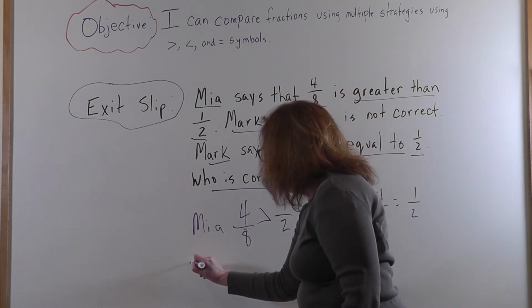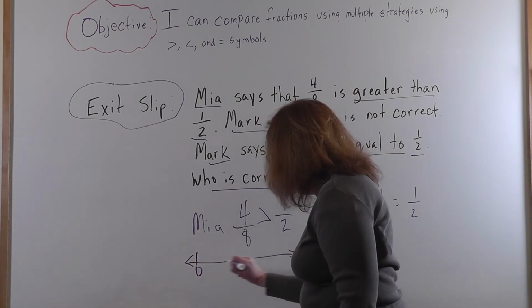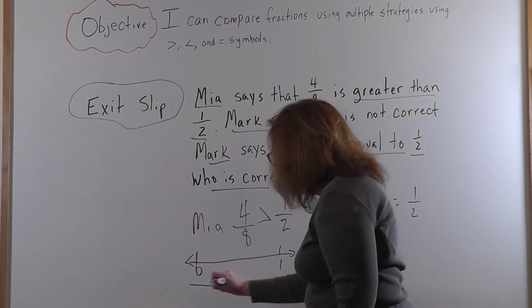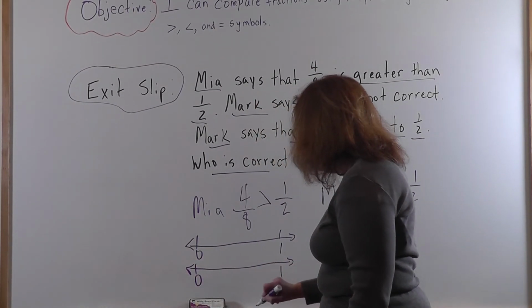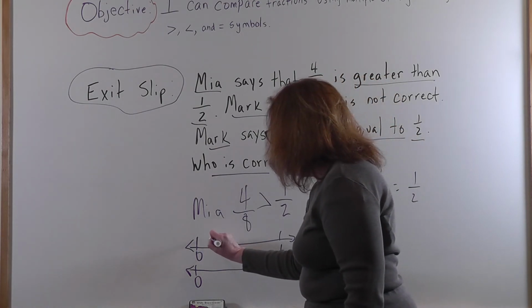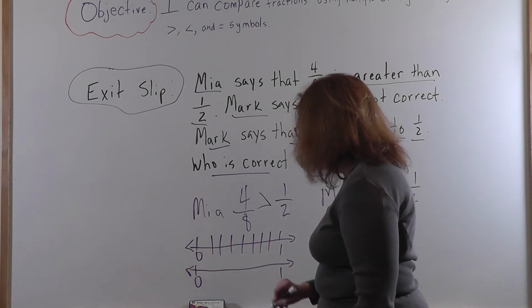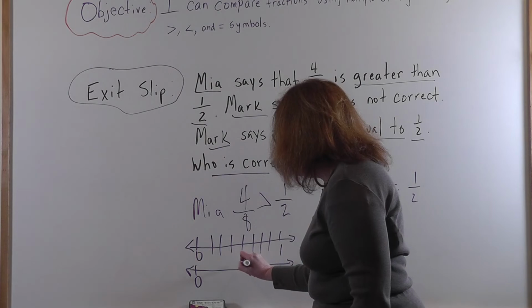Okay? So I'm going to use a strategy and I'm going to pick the number line. Notice how my number lines are the same length. Okay, 4/8. So I need to break it into 8 equal parts. Okay, and then here I break it up into 1/2.